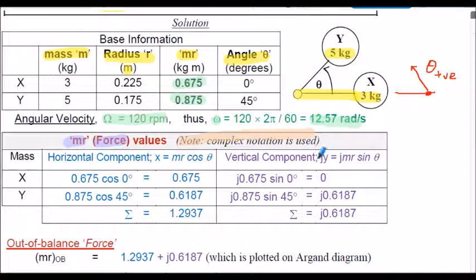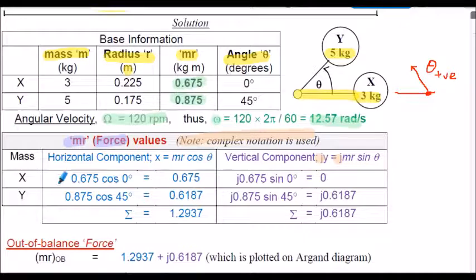That just means that there's j notation, to show that they're vertical components, that's all. Now, unlike the previous table when we looked at the initial exercise, where we were just considering static balance and I only had the one column of MR cos thetas, in this case we've got to work out the MR cos theta and the MR sin theta values, and that's what I'm doing in the table.